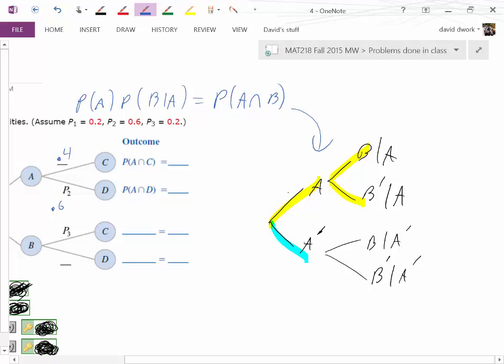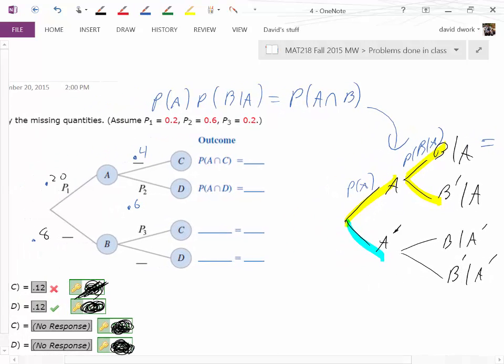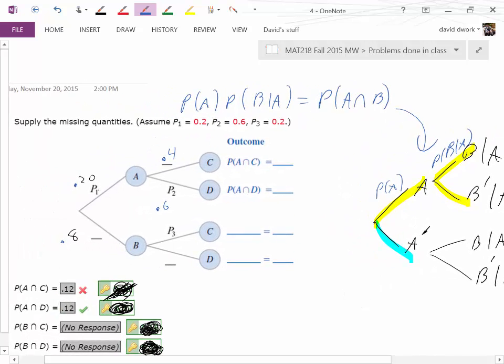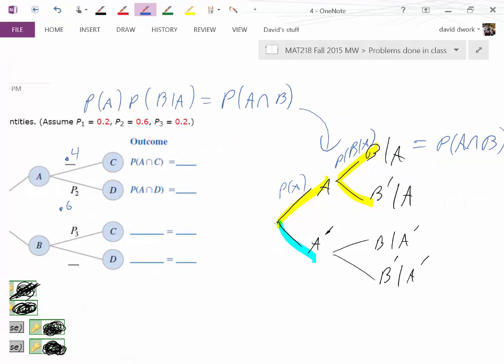The probability of A would be this branch right here, just going through A. Then the probability of B given A is that branch there, and that is equal to the probability of A and B occurring. So what is the likelihood of going from the start and then down this entire path?